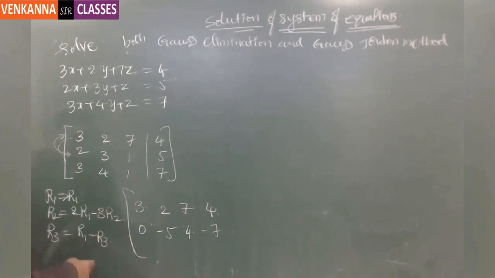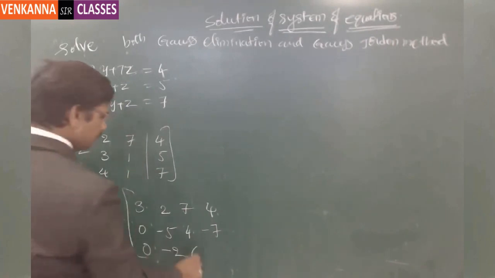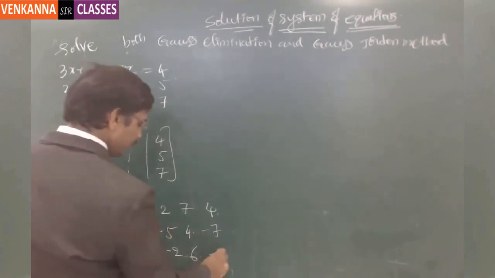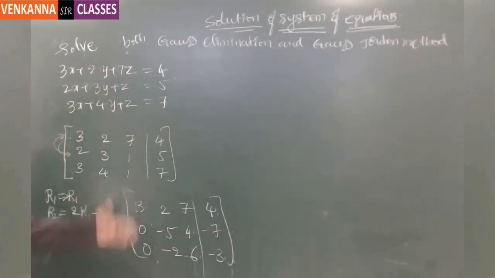And then here, this is straight away 0, and 2 minus 4 is minus 2, and 7 minus 1 is 6, and 4 minus 7 is minus 3. So after the first operation, you have made two values 0.